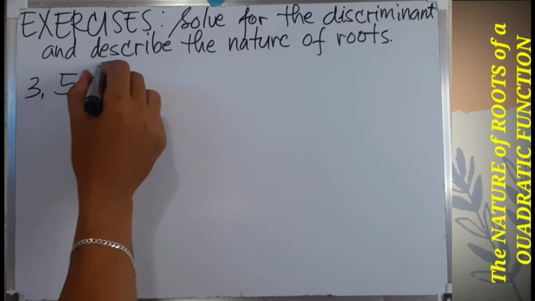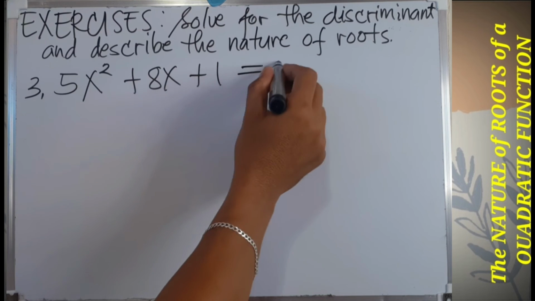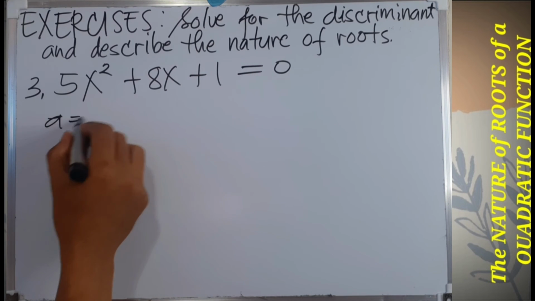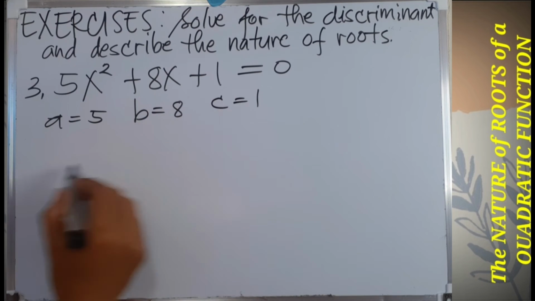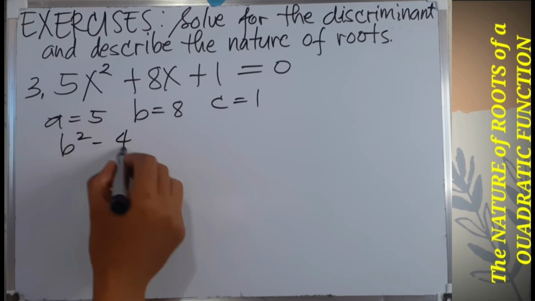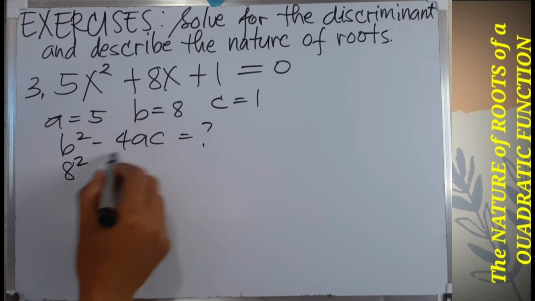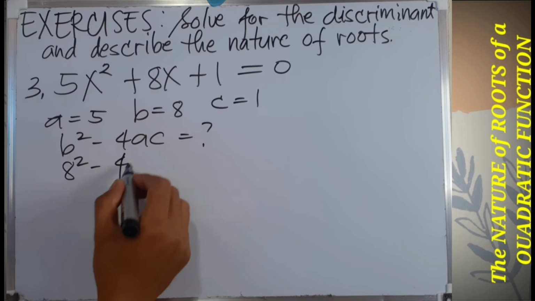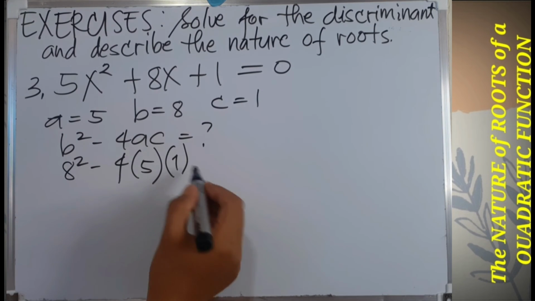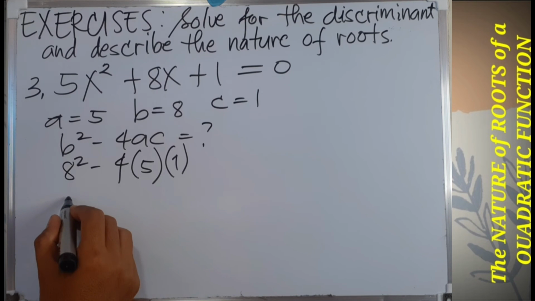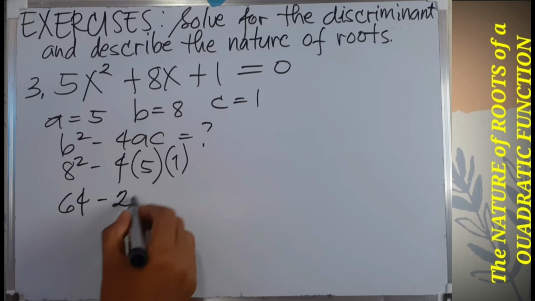Therefore, the nature of roots of the quadratic equation is not real or irrational. Number 3, 5x squared plus 8x plus 1 equals 0. A equals 5, b equals 8, c equals 1. Solve for the discriminant. 8 squared minus 4, a is 5, c is 1. 8 squared is 64. 4 times 5 times 1 is 20.